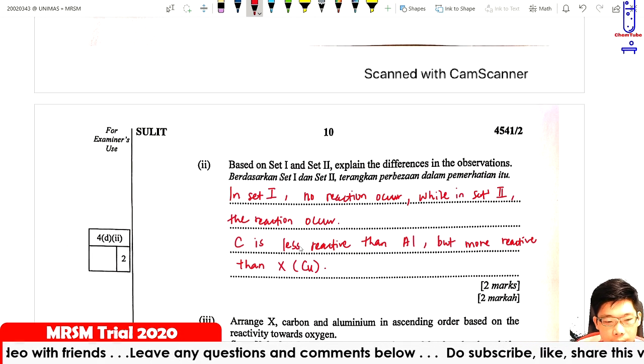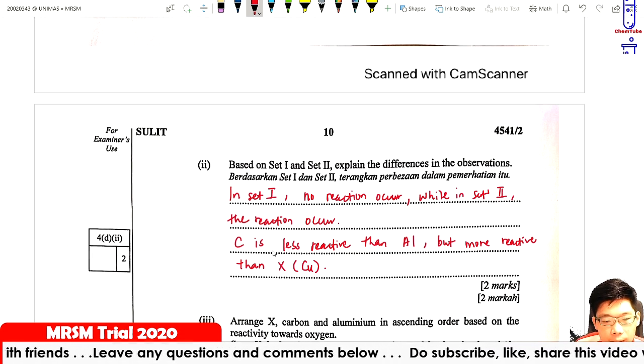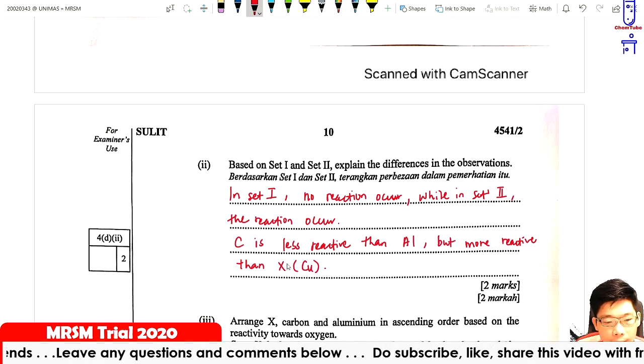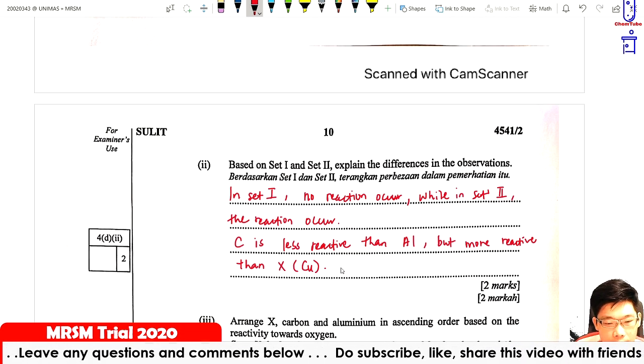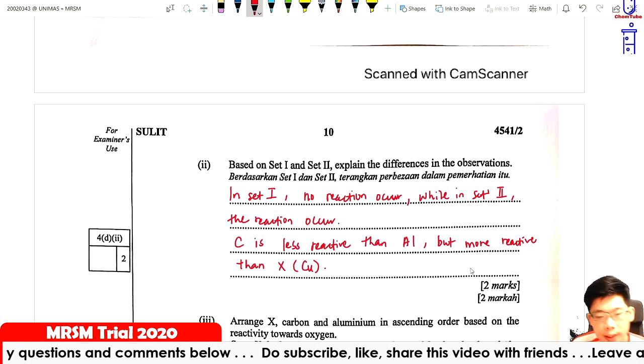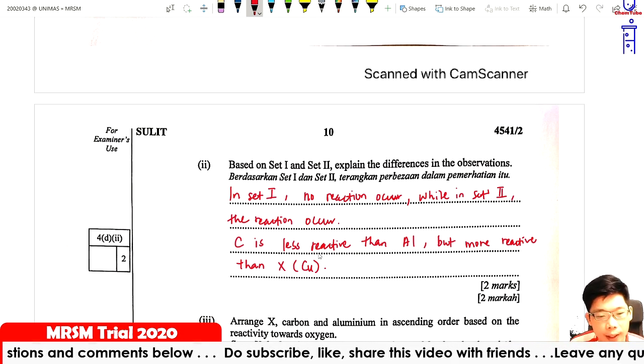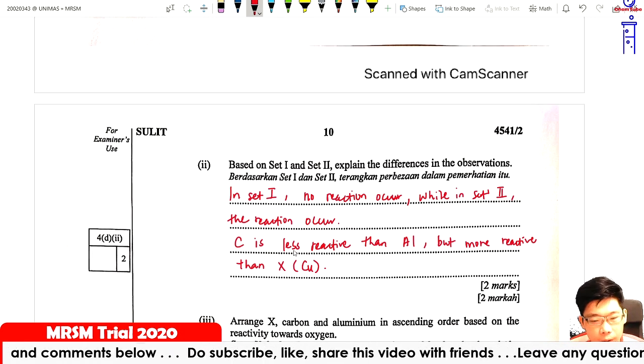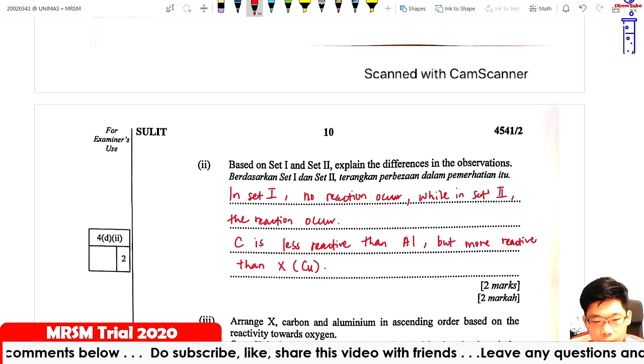So you can say carbon can displace the X from its oxide, but cannot displace the aluminium from its oxide. Same as point number 2, so put 2 marks.